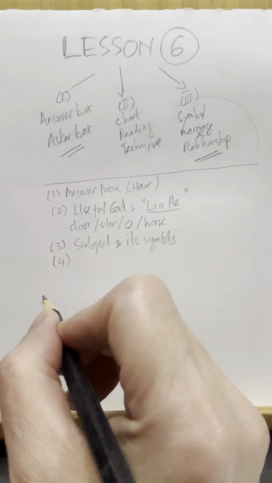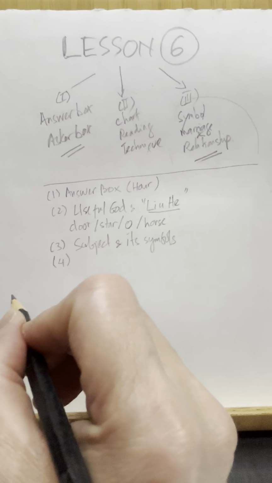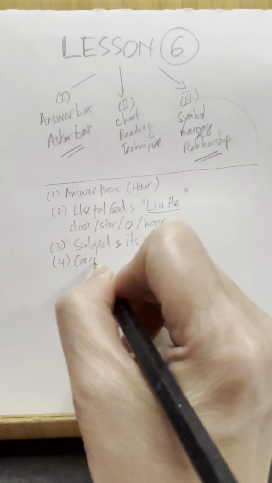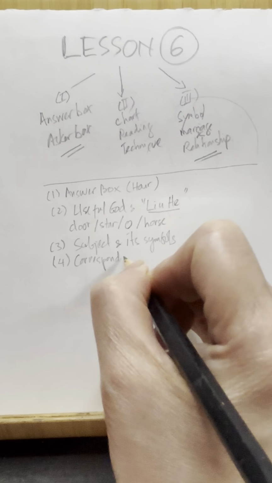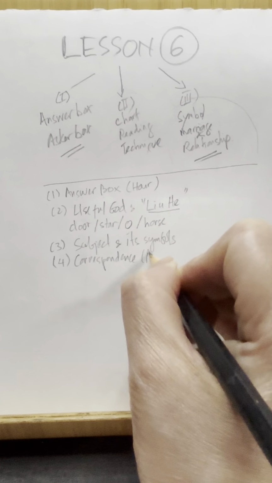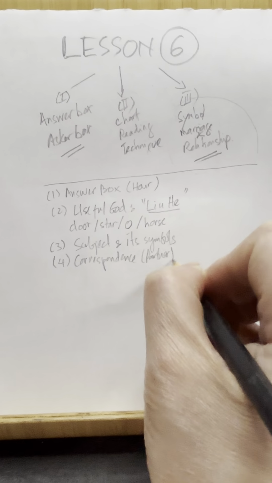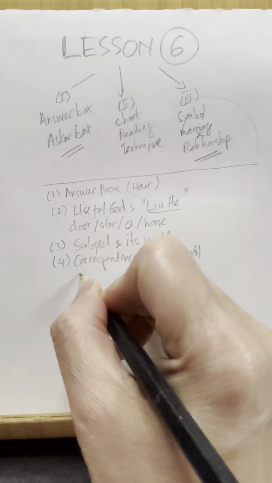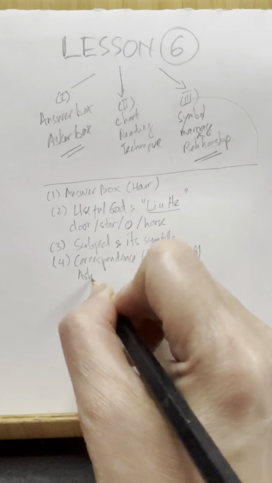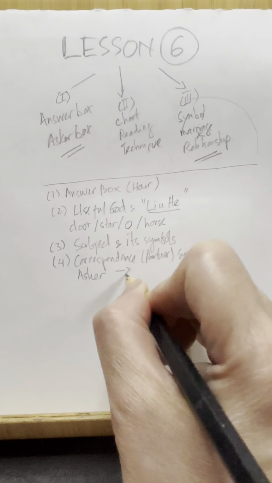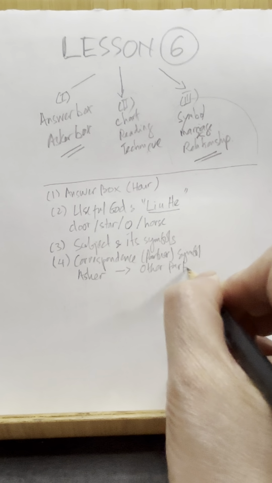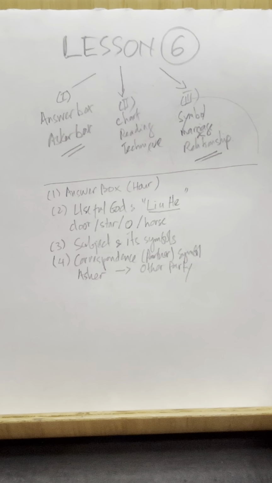The fourth one, we need to identify the correspondent partner symbols between the asker and the other party involved. So what are these correspondent symbols?